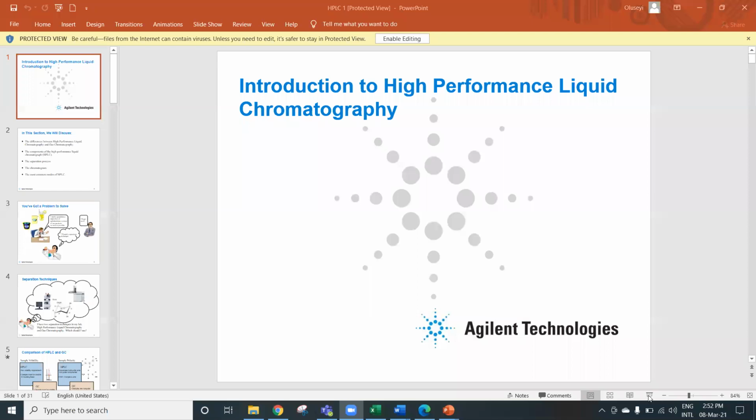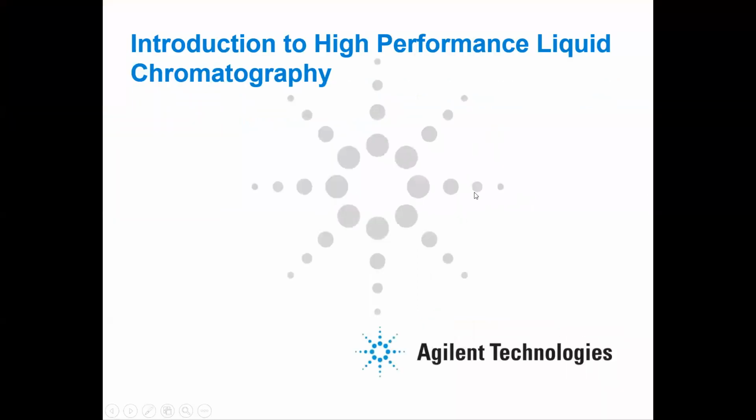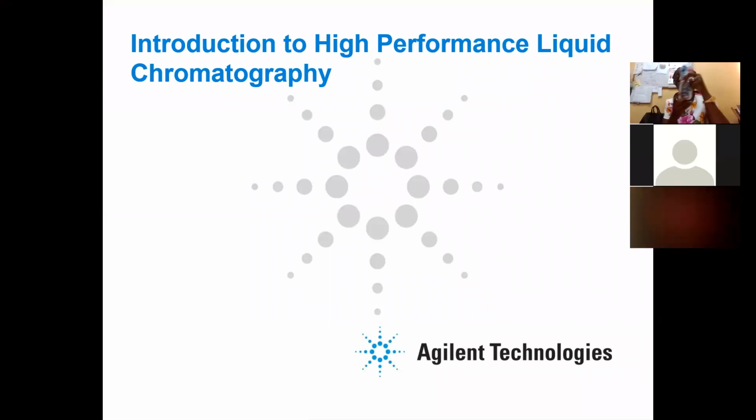Okay, thank you for that question. Still, it's the same principle that we had for GC. When we are doing analysis, either by chromatography or spectroscopy, we work from known to unknown. Let's say I have a water sample, for example. I want to analyze this water bottle I'm holding.